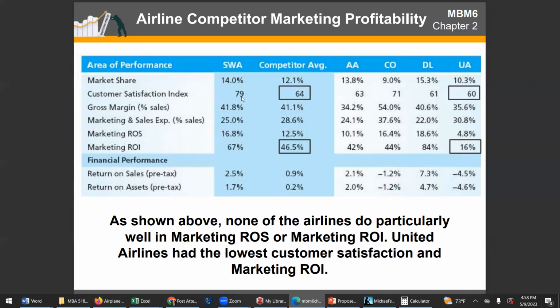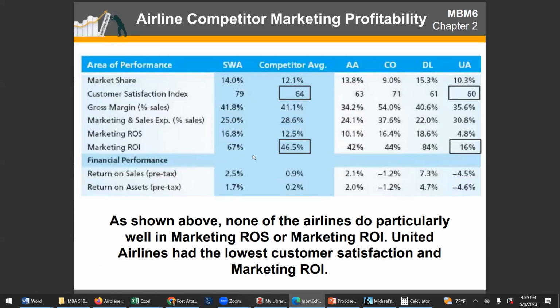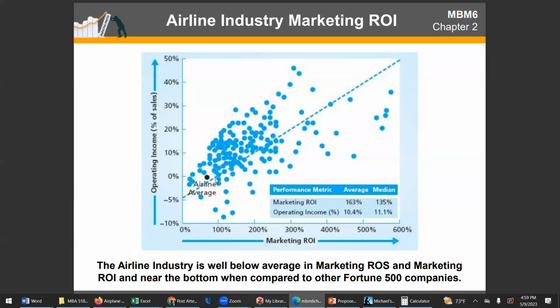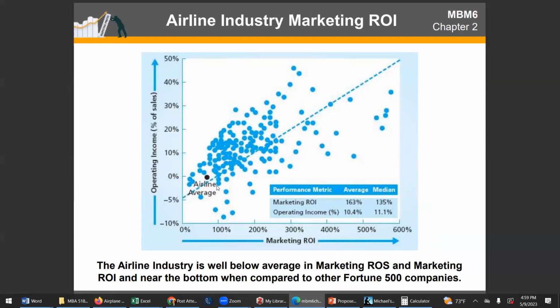So even though Southwest's satisfaction index is almost 80 versus 60, their marketing ROI is well below Delta's. So kudos to Delta's marketing department. And if we look at the airlines average versus the entire Fortune 500, not great. I think Apple's looking a lot better than owning an airline stock, for example.